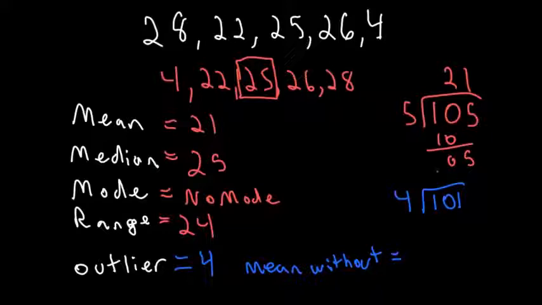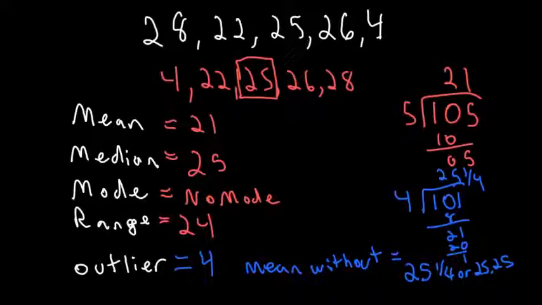So 4 goes into 10 twice, which is 8. Subtract, I get 1. 4 goes into 21 5 times. Subtract, I get 1 left over, and that'd be 1/4. So 25 and 1/4. So my mean without the outlier is 25 1/4, or 25.25. So written as either a fraction or a decimal.